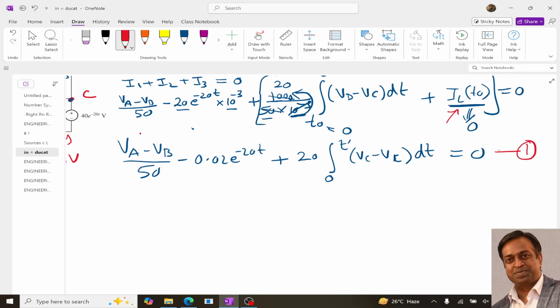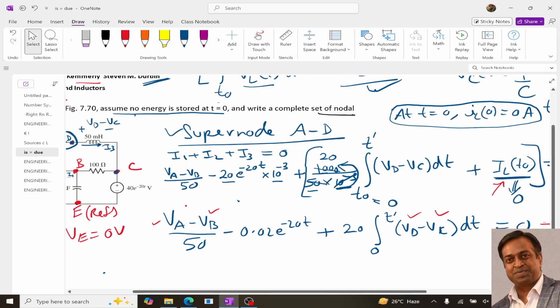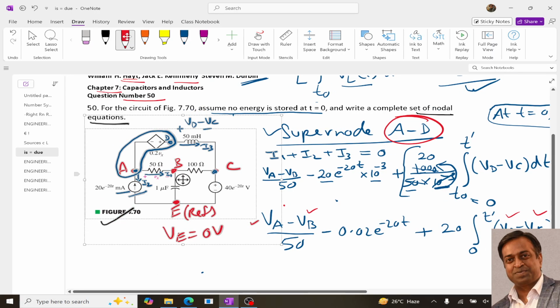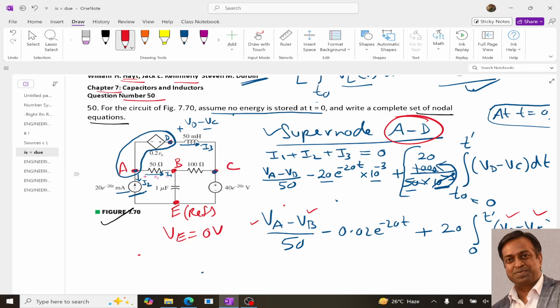So this is our first equation that we get, and this is the first nodal equation. You can see that all the terms like VA, VB, VC, VD, all these terms are the node voltages, right? Now along with this, because we have super node AD, for the super node considering this A and D, we can write that, because it is given over here that the voltage of this dependent voltage source is 0.2 Vx.